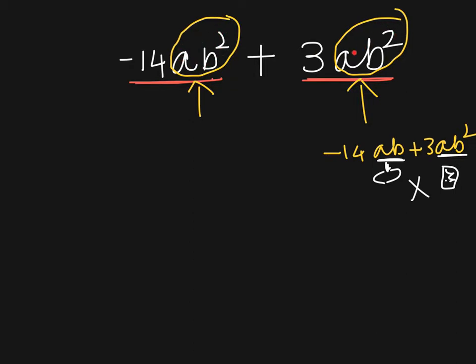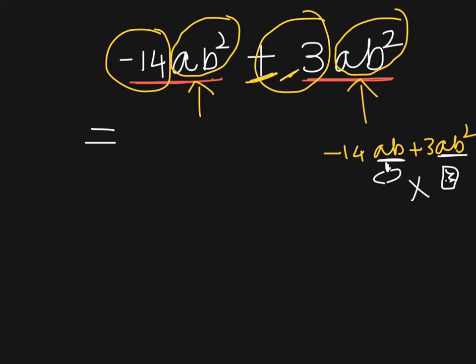Now once we have understood this, we have to see how to do that. As we know, if there are two numbers which you have to add, one having a negative sign and one having a positive sign, this here plus is the sign of 3.